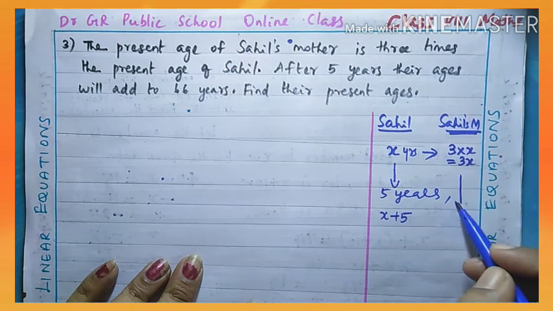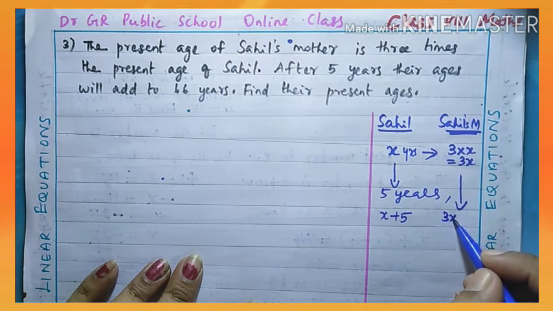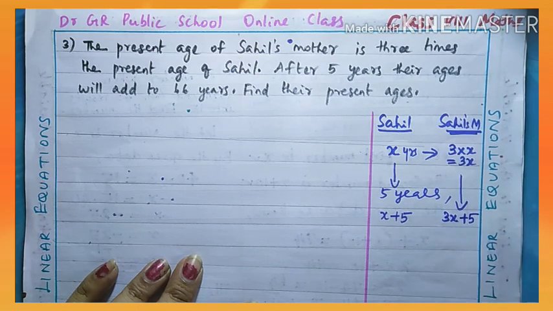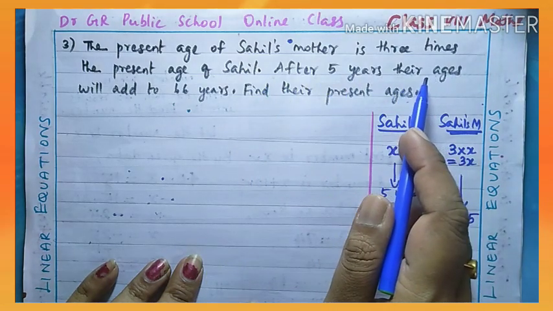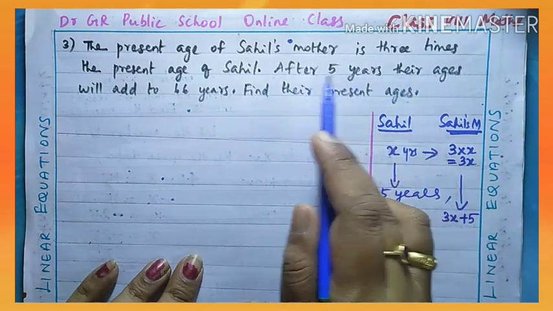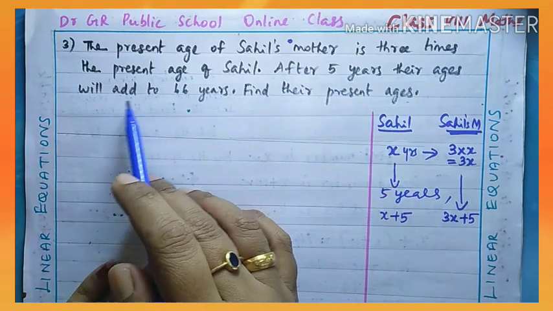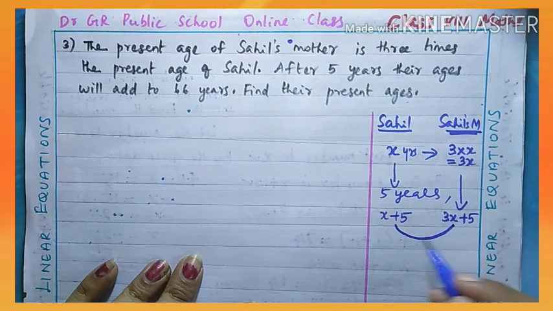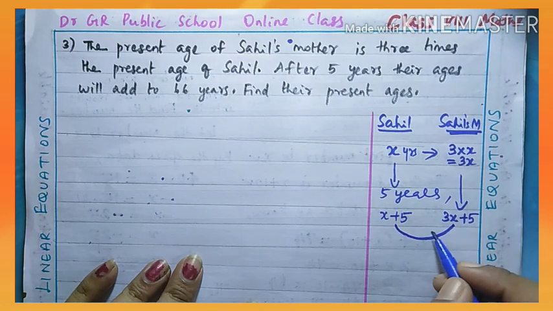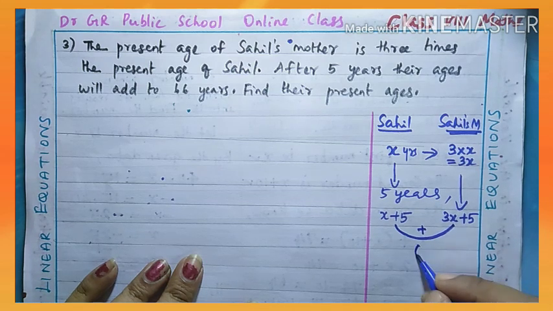Similarly, mother's age after 5 years becomes 3x, the present age, then 5 more. And what is given? Their ages after 5 years will add to 66 years. That is, when we add Sahil's age after 5 years and Sahil's mother's age after 5 years, the total comes 66.